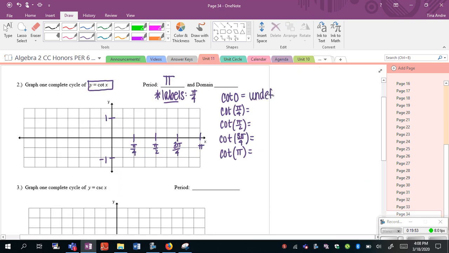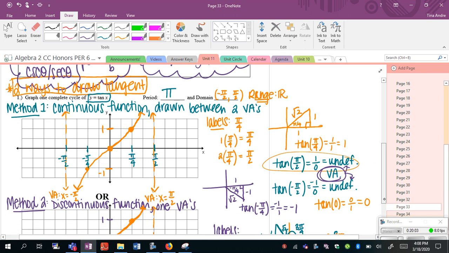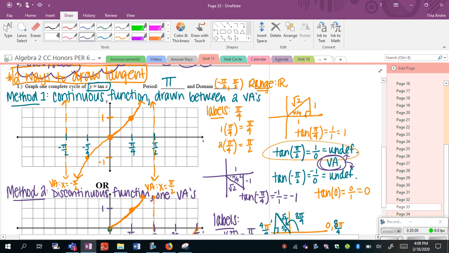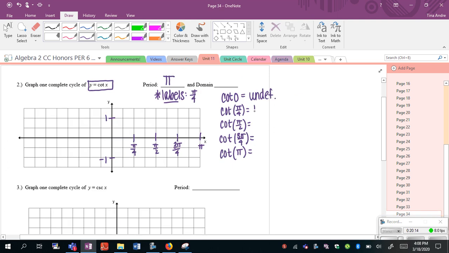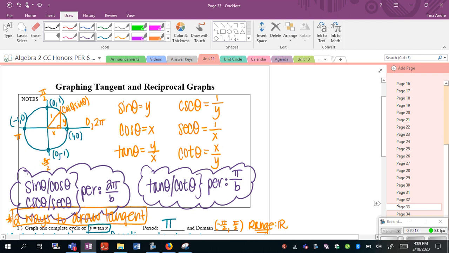I could also use my unit circle to figure that out. Cotan of pi over 4, well, if I look back, I can use my same triangles here. So pi over 4 just means now instead of doing opposite over adjacent, it's adjacent over opposite. So 1 over 1, it's still going to be 1. Cotan of pi over 2, well, look at your unit circle.